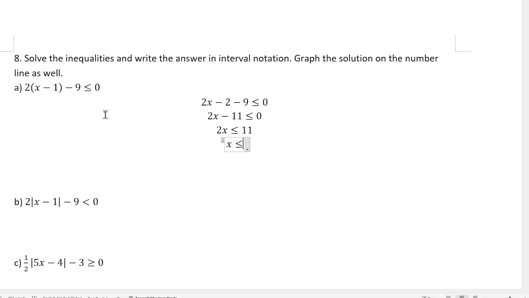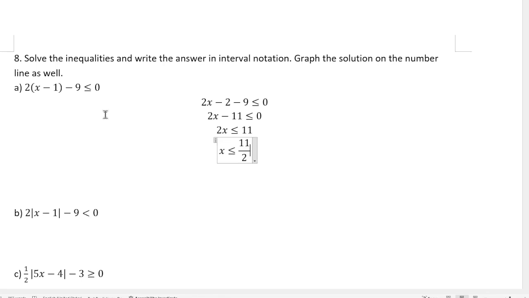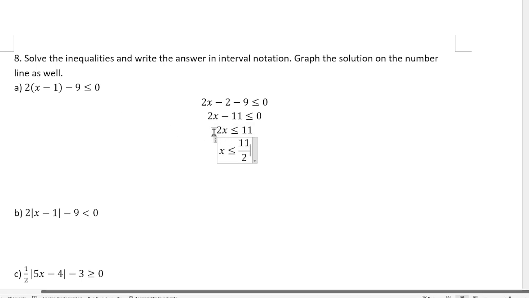And when you divide or multiply anything in an inequality, you have to stop for a minute and think about whether you're dividing by a negative number or not. This is a positive number, so the inequality is not changed, but if you divide by a negative number, the direction of the inequality has to be changed, right? This inequality has to be flipped if you're dividing by a negative number, but we're dividing by a positive, so this is fine. Okay, so that's the answer.